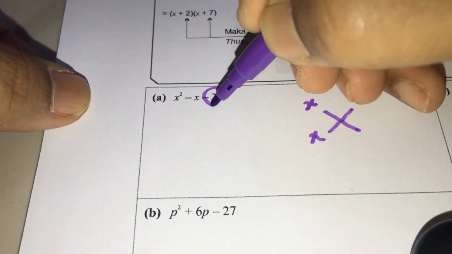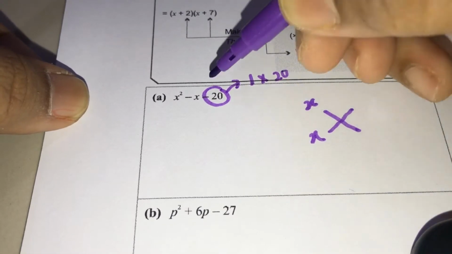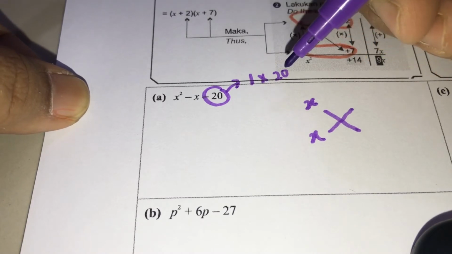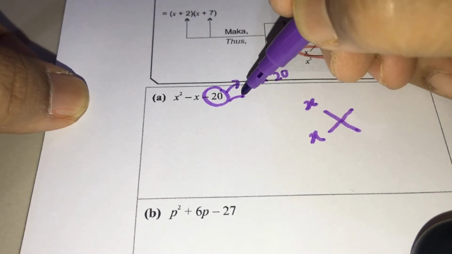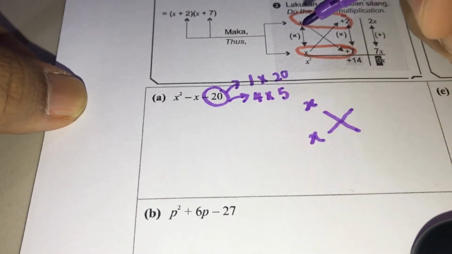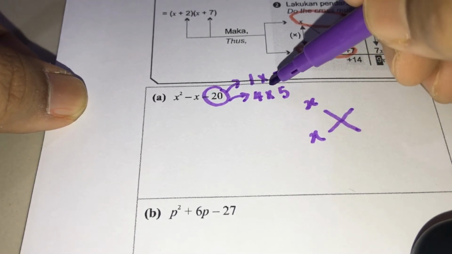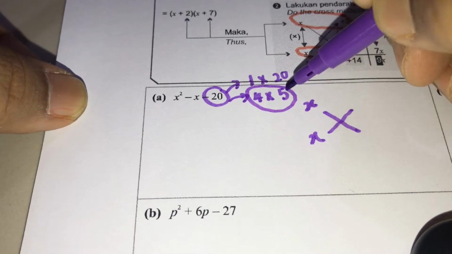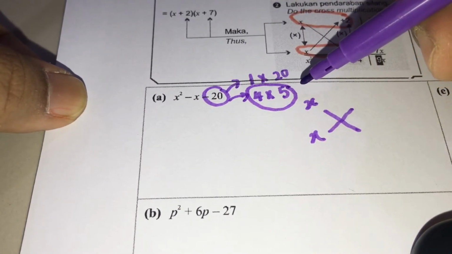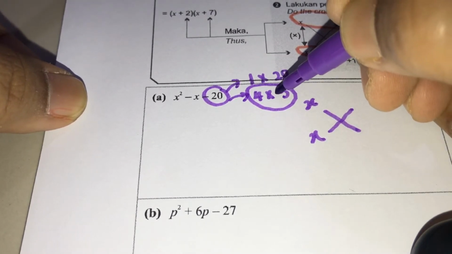Check this 20. Choose 1 times 20, but here it is negative 20, right? Then we have 4 times 5. The 1 and 20 pair is not suitable because if you add you get 21. So you choose 4 and 5, but this one is negative, and 4 times 5 is positive, so you must put a negative at either 4 or 5.